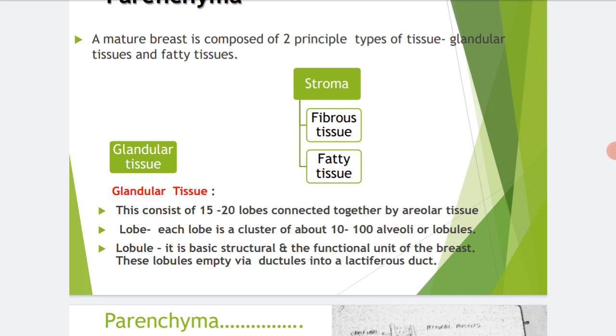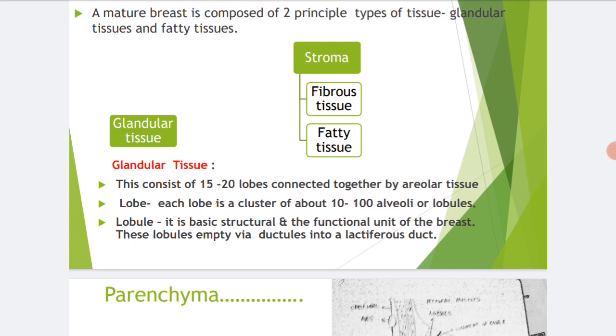The glandular tissue consists of 15 to 20 lobes connected together by areolar tissue. Each lobe of the breast parenchymal tissue is a cluster of about 100 to 110 alveoli or lobules. The lobules are the basic structural and functional unit of the breast, and these lobules empty via ductules into the lactiferous ducts.